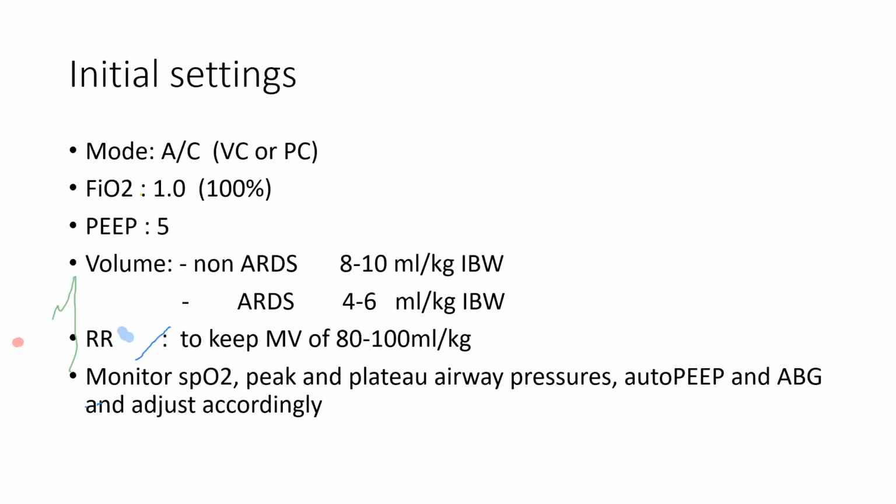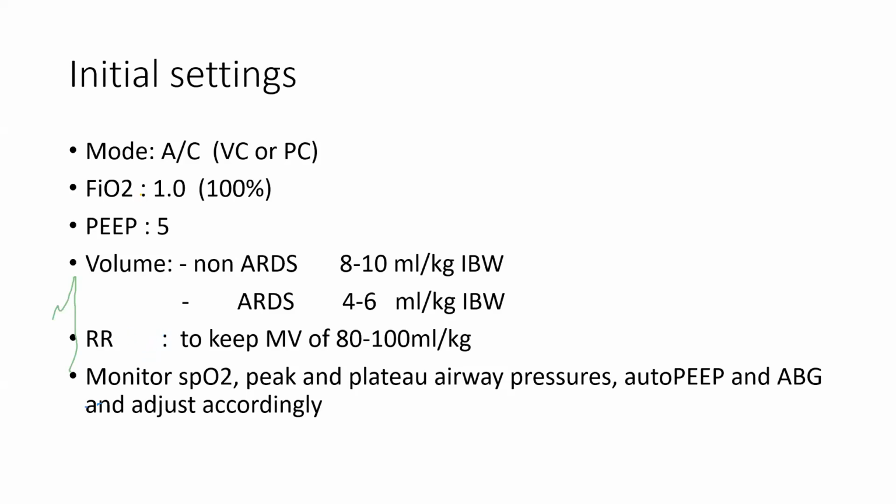As we said, the CO2 is controlled by the minute ventilation, which is the tidal volume multiplied by the respiratory rate. So the respiratory rate, you will set it after you have set the volume, because if you have chosen a higher volume, then you will need a lower rate. And if you have chosen a lower tidal volume, then you will need to apply initially a higher respiratory rate. After you've set this, you will watch the patient maybe for 15 or 30 minutes and then take an ABG.